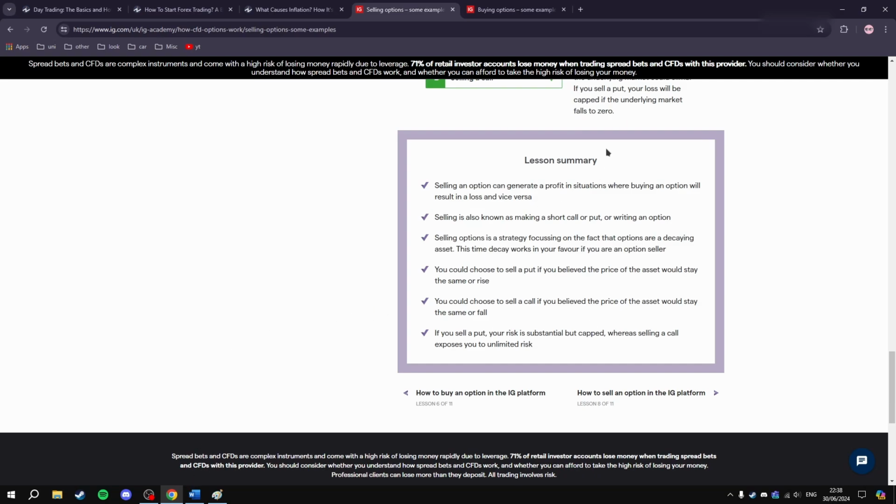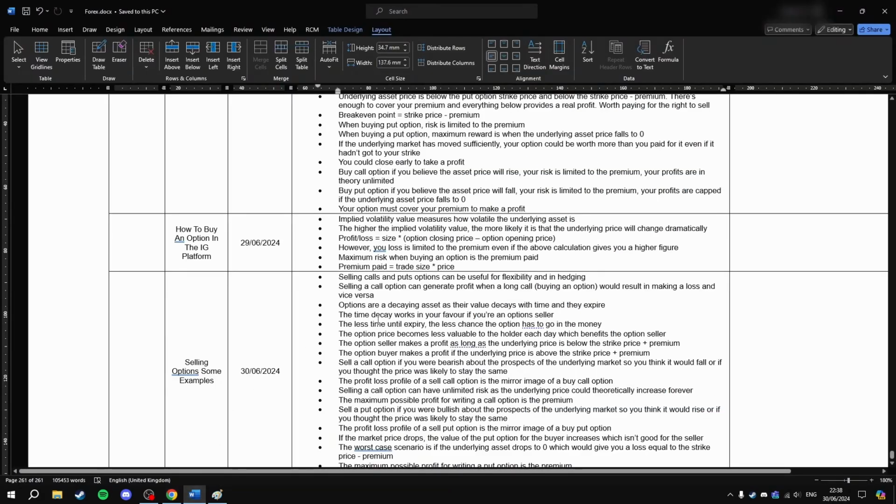Selling options is a strategy focusing on the fact that options are a decaying asset. This time decay works in your favor if you are an option seller, because the option becomes less valuable to the holder each day, which benefits the option seller.